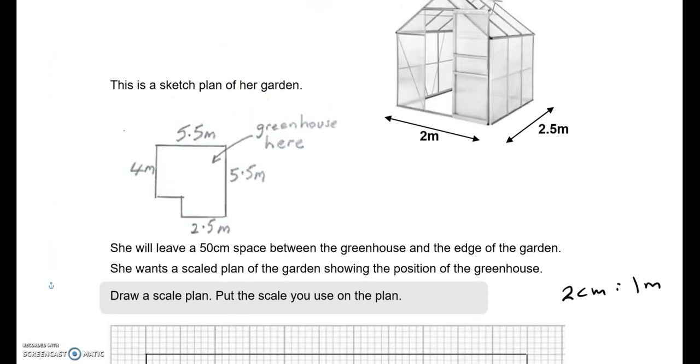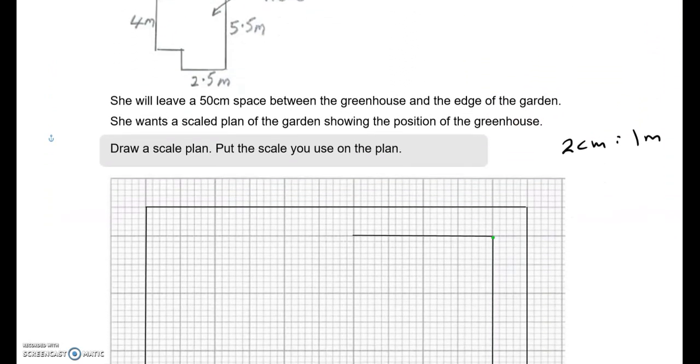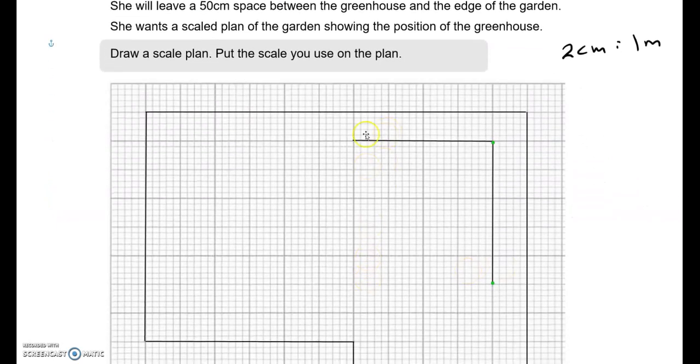Let's just double check. That looks good so far. So we just need to do the other 2 sides.